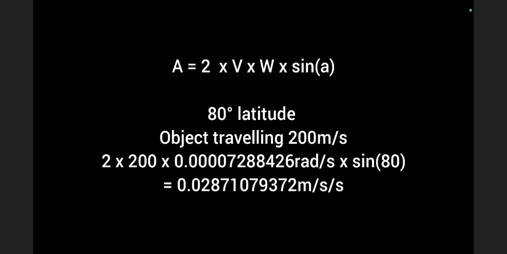At 80 degree latitude, an object travelling at 200 meters per second: we do 2 times 200 times the angular velocity of Earth times sine 80, which gives us an acceleration of 0.02871079327 meters per second squared.